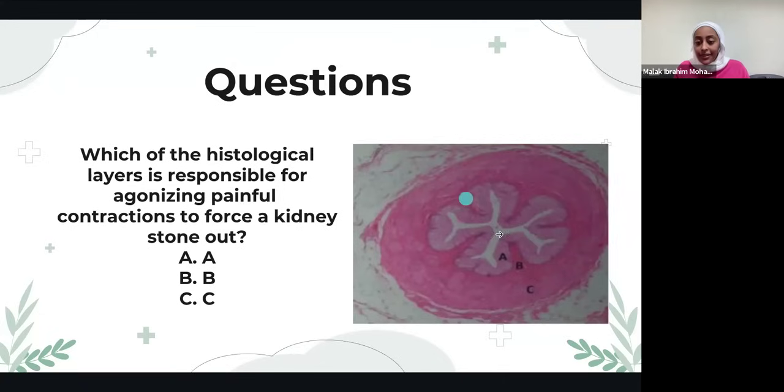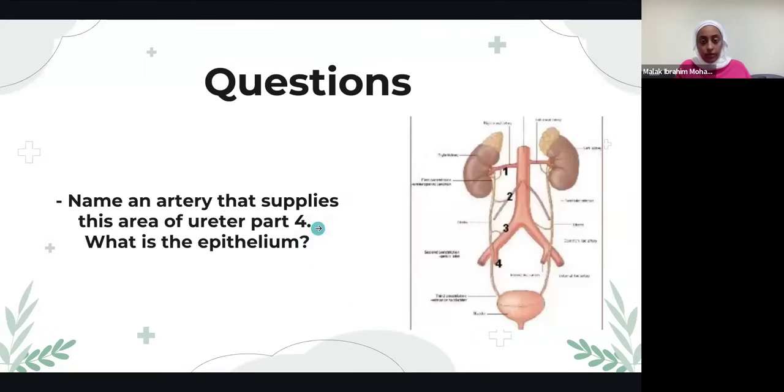Yes, but most of you said the correct answer, and it's C. Because C is the muscularis layer. The muscularis has the muscles, and the muscles are the ones that need to contract to move the stone. A is the transitional epithelium, which is the mucosa. B is the lamina propria, which is the fibroelastic connective tissue.